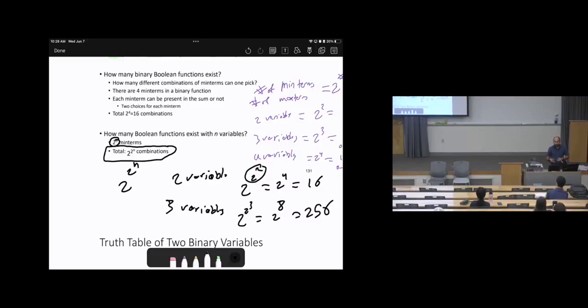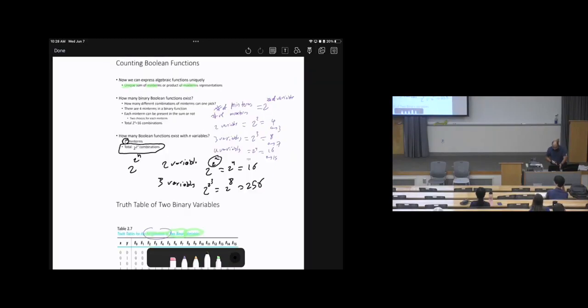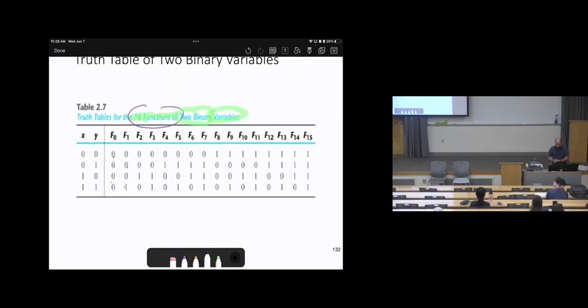So now we are testing our coding ability. When we have 2 variables, we are limited to only 16 different functions. When we have 3 variables, we are limited to 256, and so on. That's why we see systems like 8-bit, 16-bit, 32-bit, and 64-bit systems.